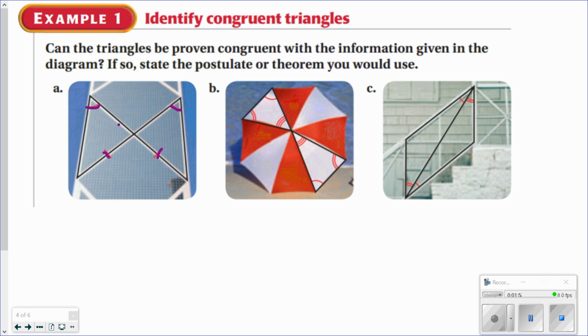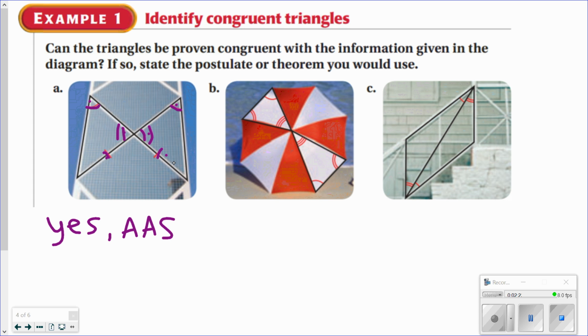However, I do know that these two angles are congruent because they're vertical angles. So this is yes, these two triangles are congruent. Why? Well, this is angle, angle, side. So we have angle, angle, side, angle, angle, side.